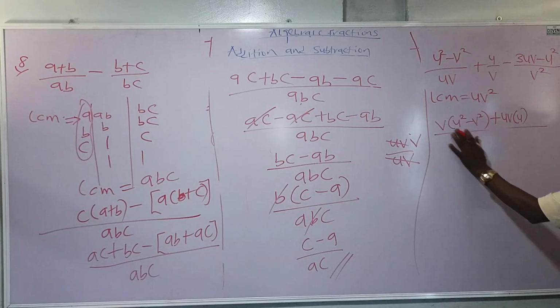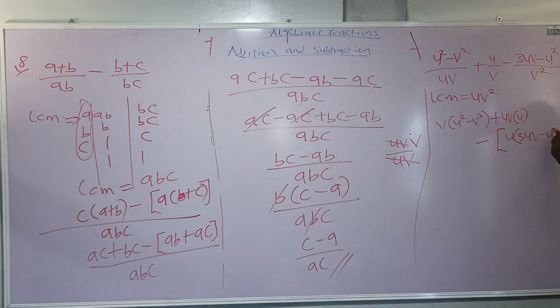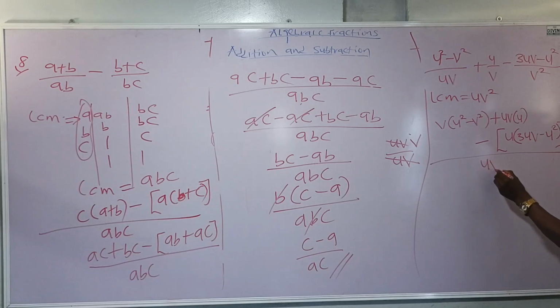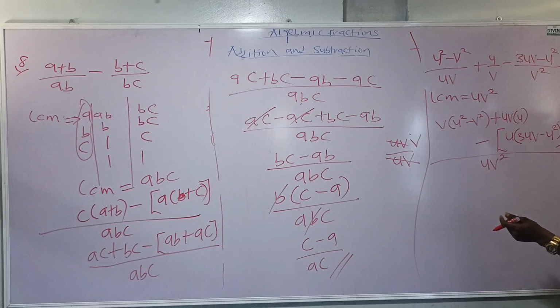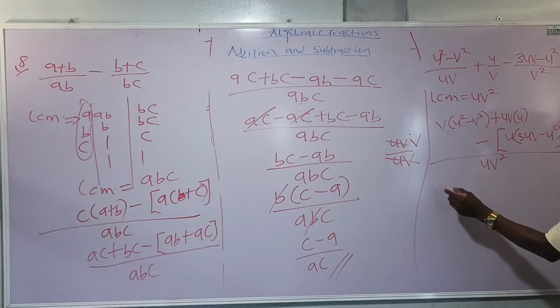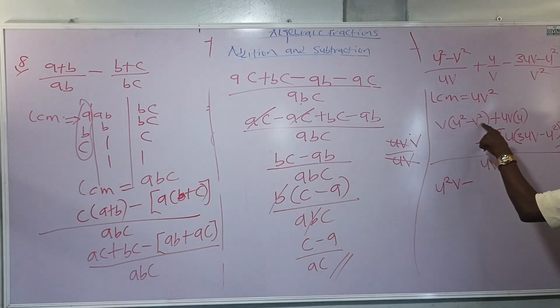So I'll have minus in brackets u, yes, brackets 3uv minus u squared, close brackets, all divided by uv square. Now, I'll multiply to clear out the brackets. U times u, v times uv will give me u square v, minus v times v square will give me what?